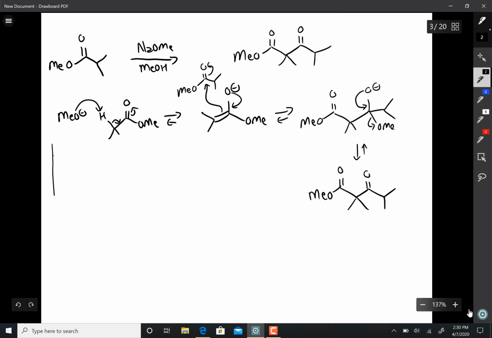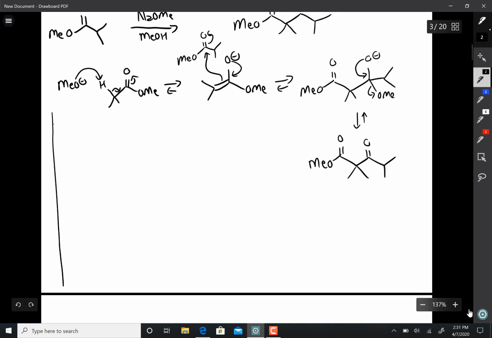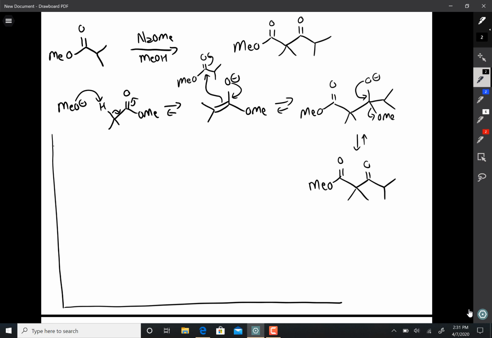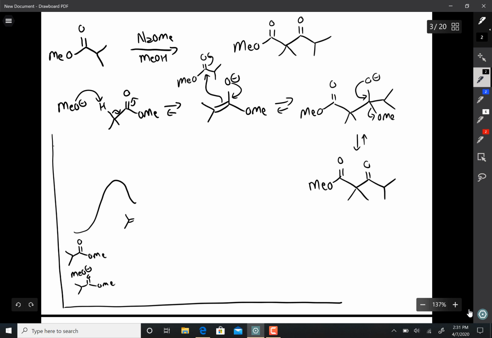If we were to show the reaction energy of this, you start out with the deprotonation to give the enolate. And then attack the enolate to give the tetrahedral intermediate.